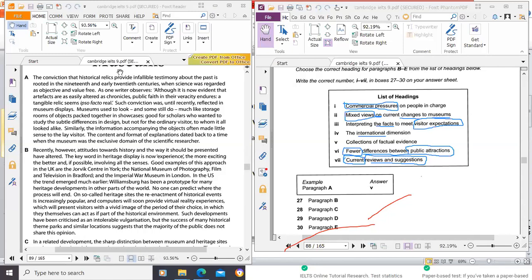Now, don't forget that we are only doing this because it is a lesson. You are not under exam condition. Recently, however, their attitude towards history and the way it should be presented have altered.